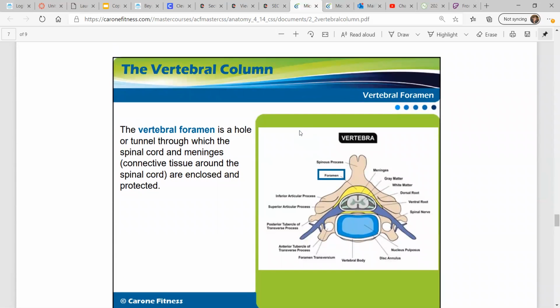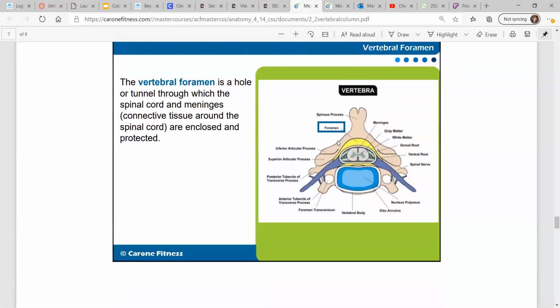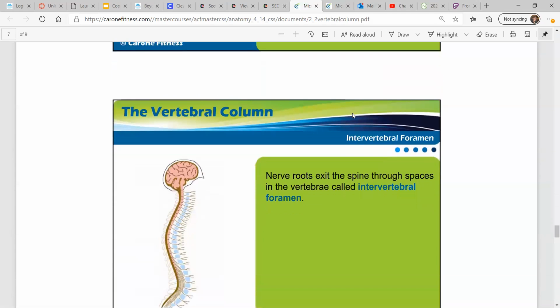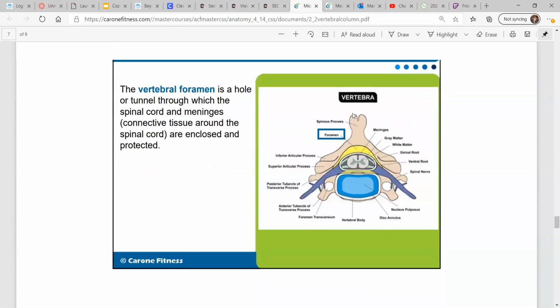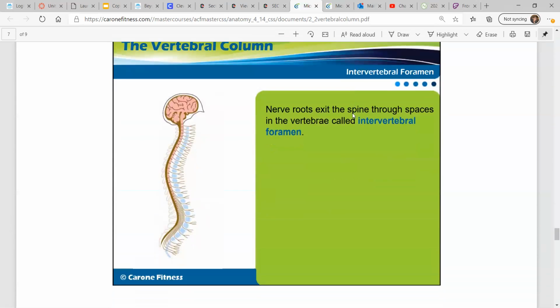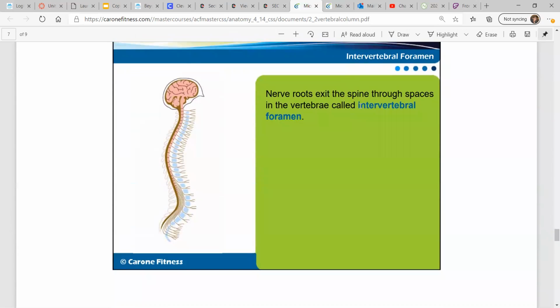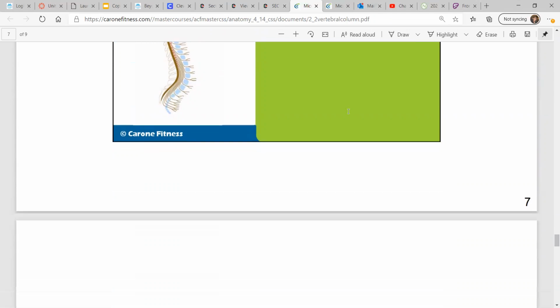The vertebral foramen is a hole or tunnel through which the spinal cord and connective tissue around the spinal cord are enclosed and protected. So here we go, that yellow portion. And then to get another look at that, nerve roots exit the spine through spaces in the vertebrae called intervertebral foramen.